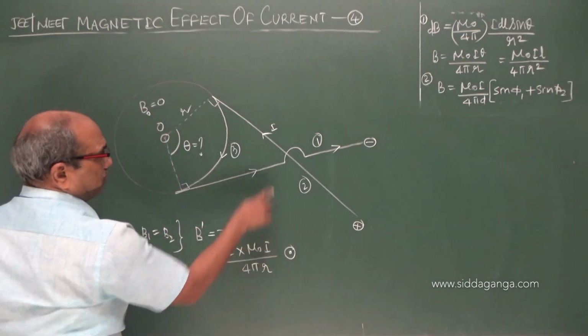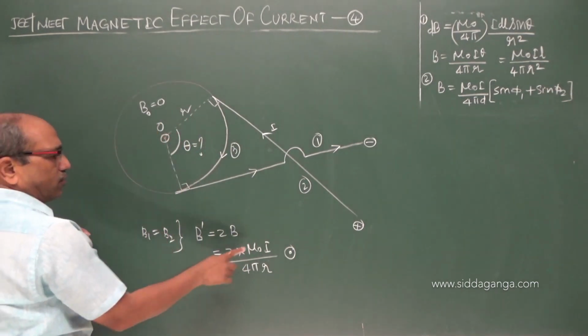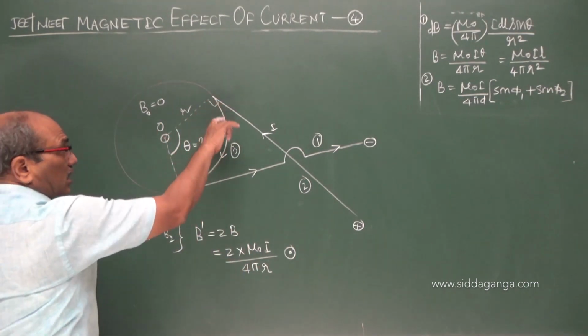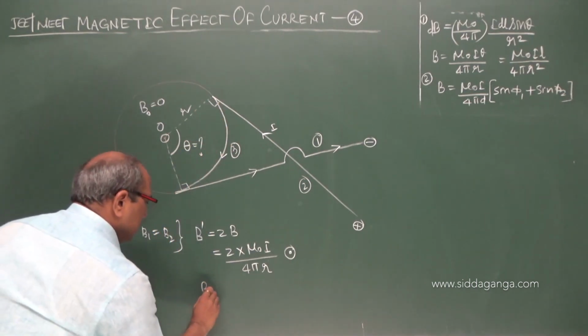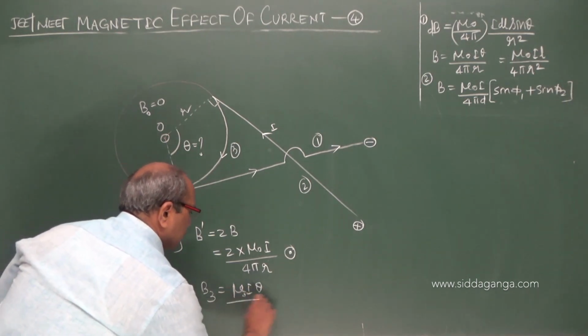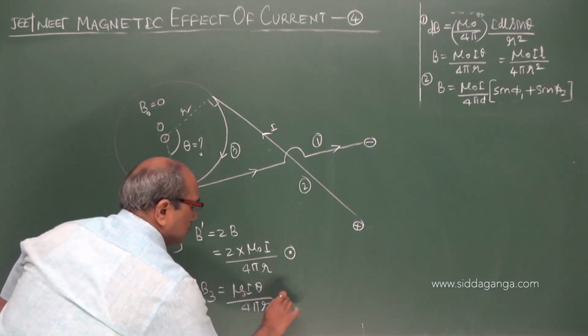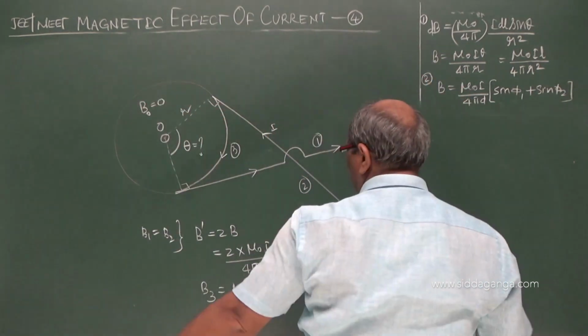Of 1 and also 2, both are giving the same direction, therefore outward. The third is an arc. So for that I can write B3 is equal to mu naught I theta by 4 pi R into the board. This relation I directly took for an arc.